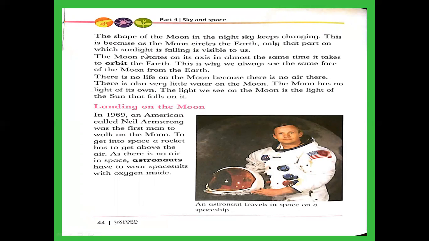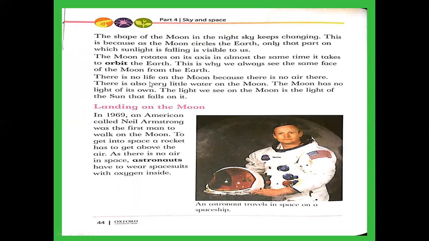This is because as the moon circles the earth, only that part on which sunlight is falling is visible to us. The moon rotates on its axis in almost the same time it takes to orbit the earth. This is why we always see the same face of the moon from the earth.